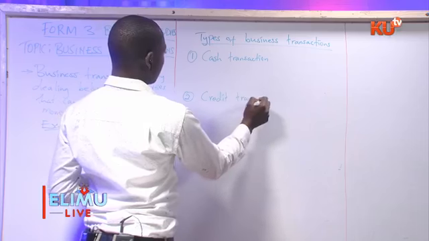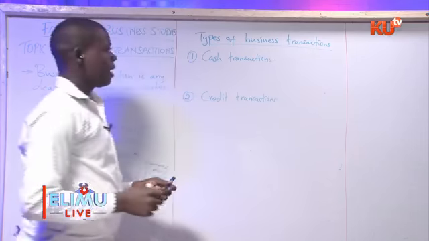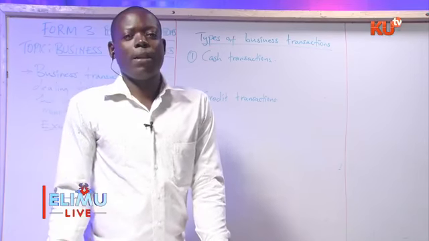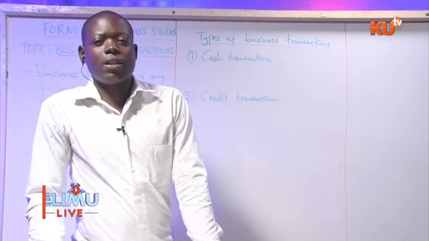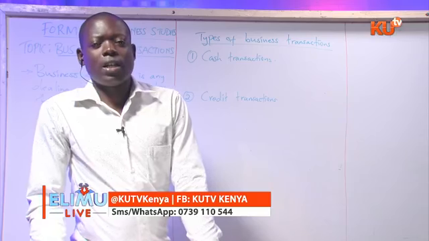Will help us to understand what are cash transactions, students, because we covered them in Form 1 under the topic Home Trade, where you discussed under the payment the type we call cash transactions.